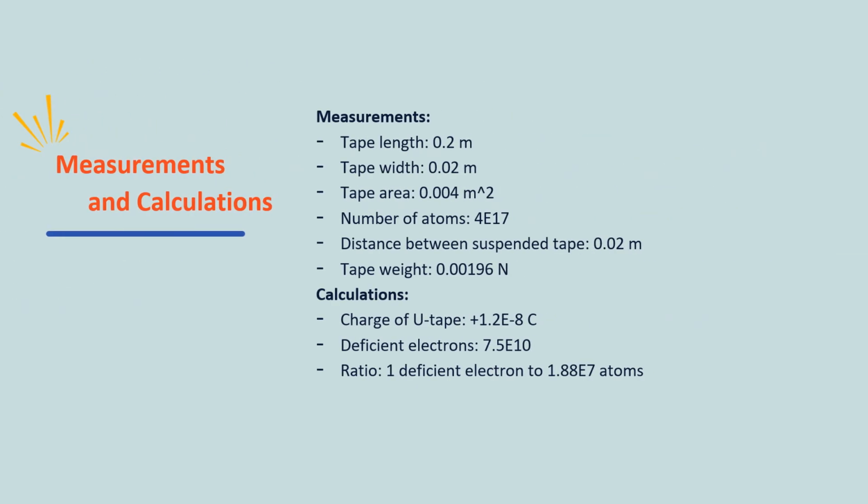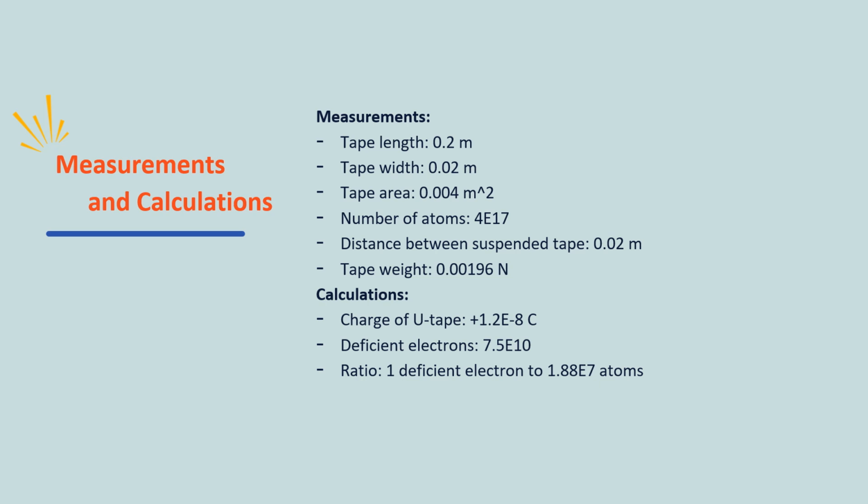Here are my measurements from the experiment for the tape dimensions, and using the area of the tape we can find the number of atoms based on the known area of one atom.